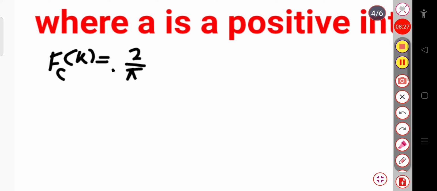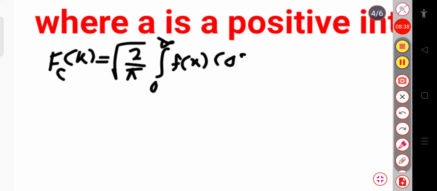We know the Fourier cosine transform can be written as fc of k equal to root over 2 by pi integration over 0 to infinity f of x into cosine kx into dx.